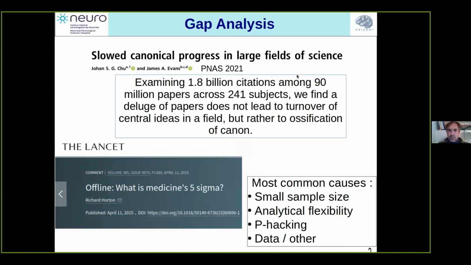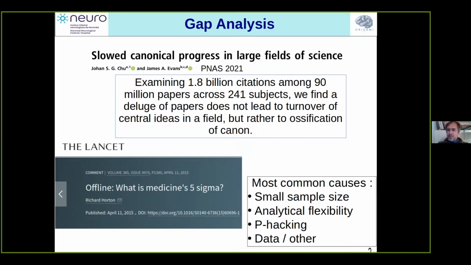For instance, in this recent work in PNAS, 1.8 billion citations, 90 million papers across many fields of science. But it doesn't look like progress is made very rapidly because of this increase of body of literature, and sometimes it actually feels like the increase in the number of papers is making things worse in some ways.